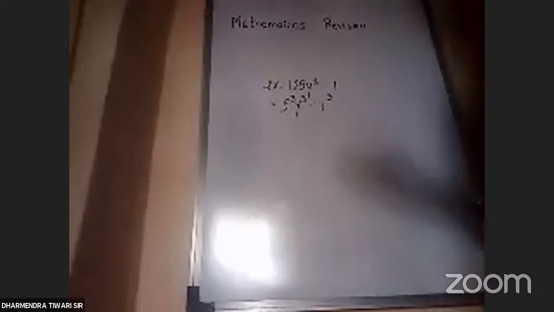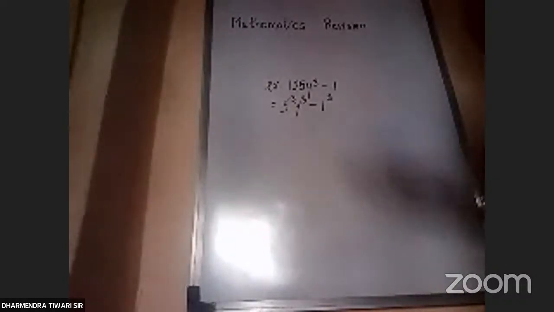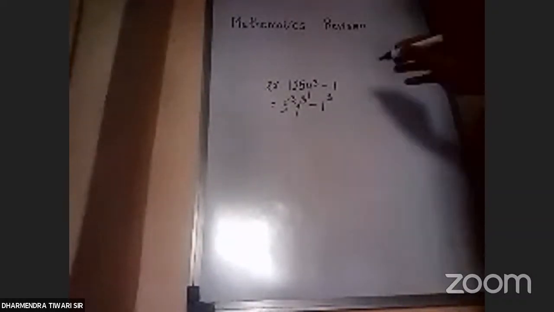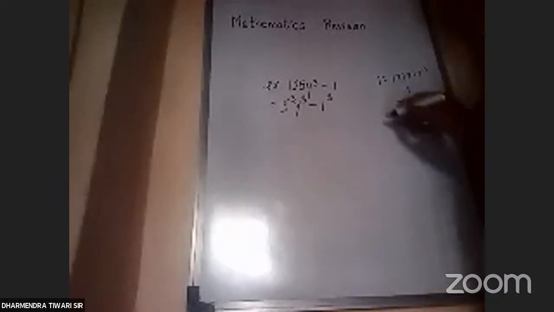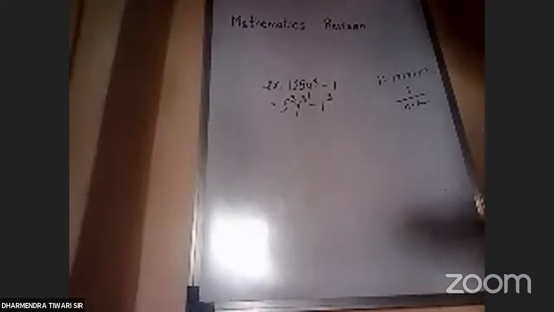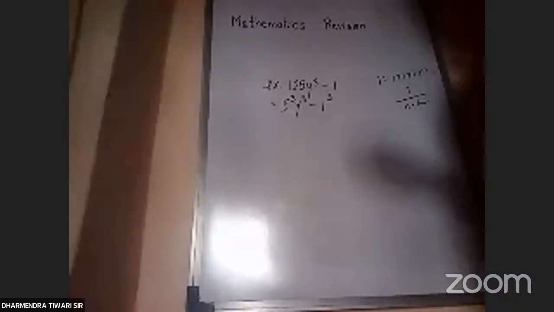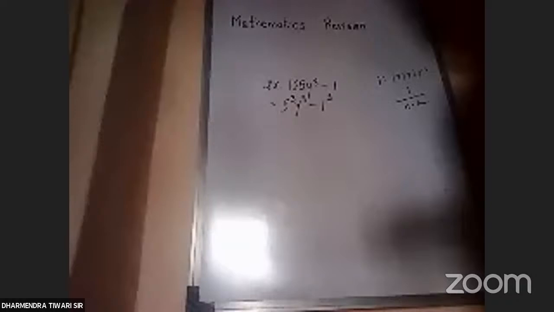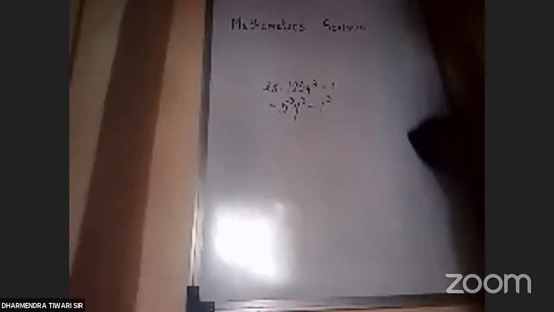1 can be written as 1 cube, meaning the same, right? 1 into 1 into 1. So 1 can be written as 1 into 1 into 1 into 1, as per requirement. You can write it n number of times. If a square is present and we want 1 in the form of a square, you can take 1 in the form of 1 square. So it can be written in any form as per requirement.